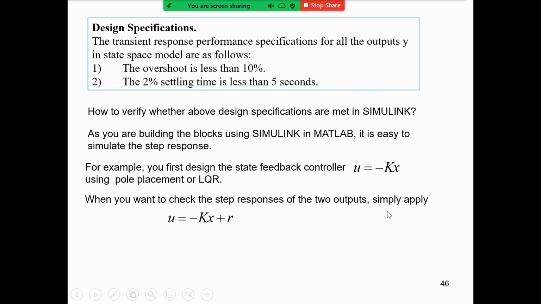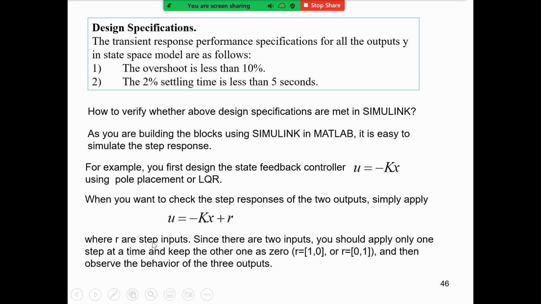When you want to check the step response of the outputs, you simply apply u equals minus kx plus r, where r are step inputs. Since there are 2 inputs, you should apply only 1 step at a time and keep the other as 0. So there are 2 step signals.